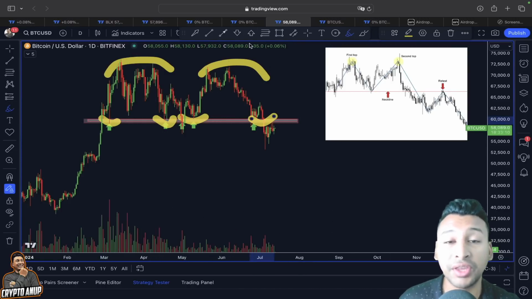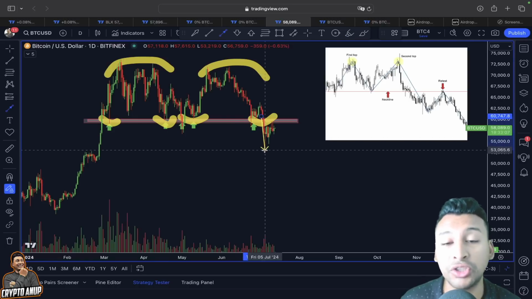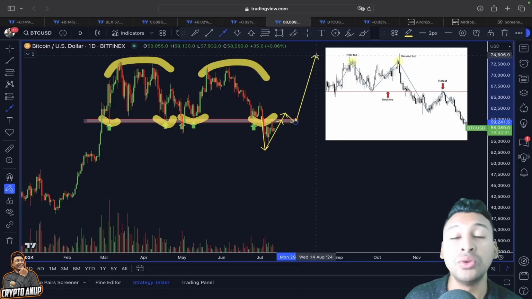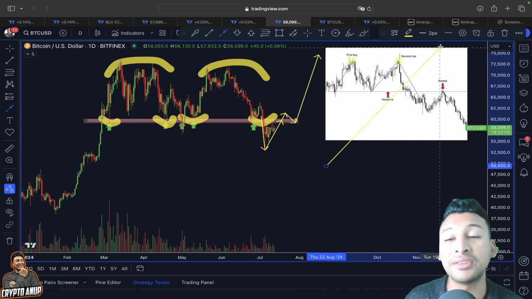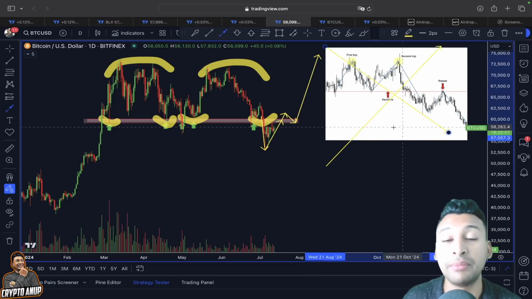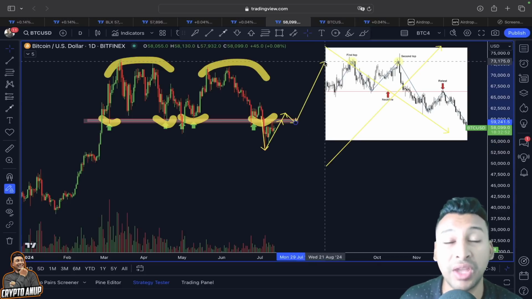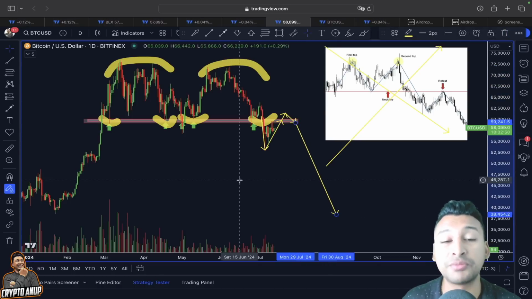So if this is going to be looked at as another continuation, this neckline must be broken and price must flip it into support to invalidate this double top type of formation, if the price of Bitcoin wants to show an actual continuation to the upside, invalidating this bearish move.